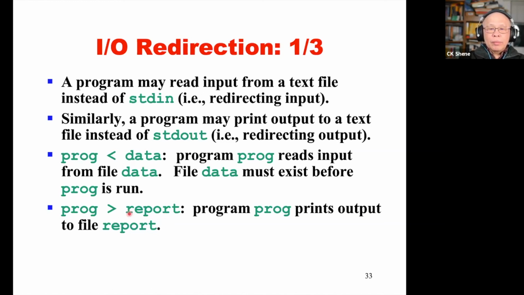The next one means when I run the program, PROG, its stdout should be sent to a file called report rather than the default stdout, which is the screen, the terminal. In this case, everything printed out by PROG would be stored in the file report. The file report should not exist when PROG is run.